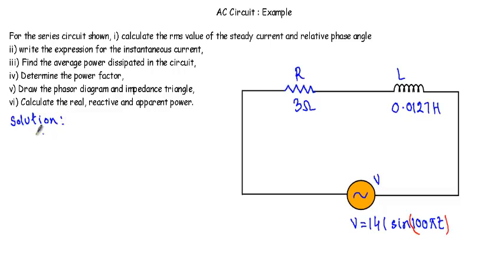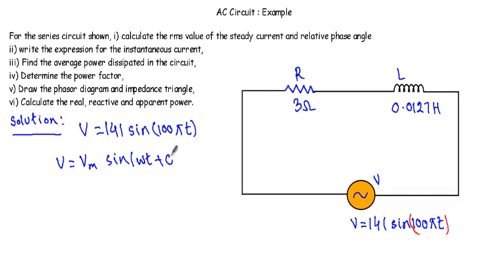Here we are applying the alternating voltage V equal to 141 sin 100 pi t. If I compare this equation with the standard sinusoidal voltage V equal to Vm sin omega t plus phi naught, where phi naught is the initial phase, I get Vm equal to 141 and omega equal to 100 pi.